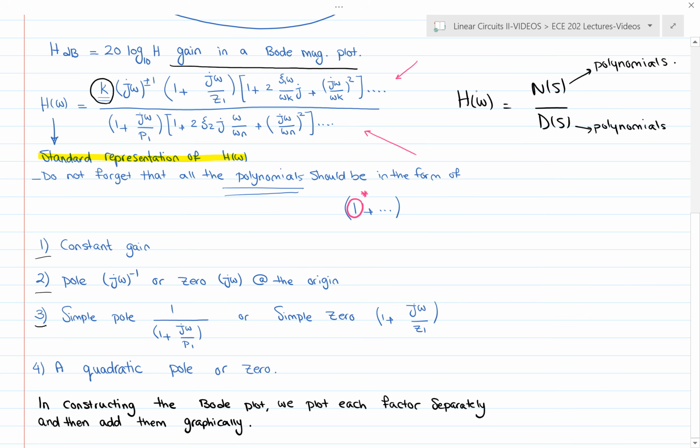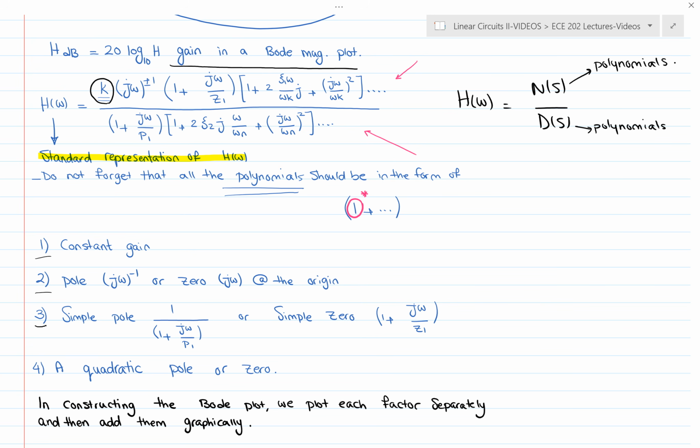In this class we'll not go further than second order, but our polynomials should be 1 plus some other terms. So I'm gonna talk about each of these factors here in the numerator and the denominator, and I'm going to show you how we can use those factors in order to draw the Bode plot.